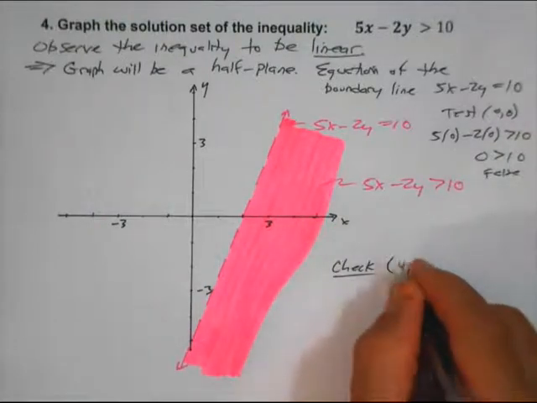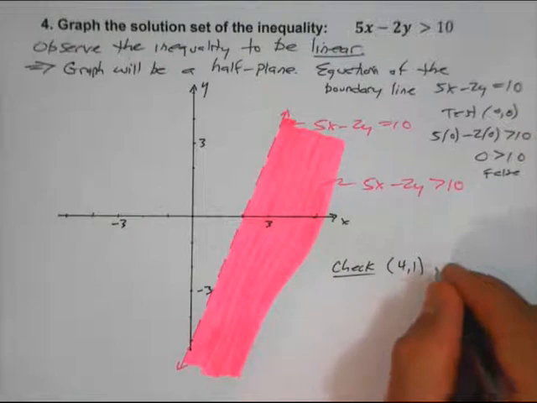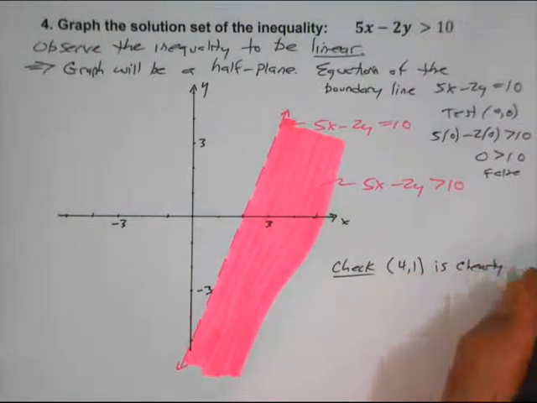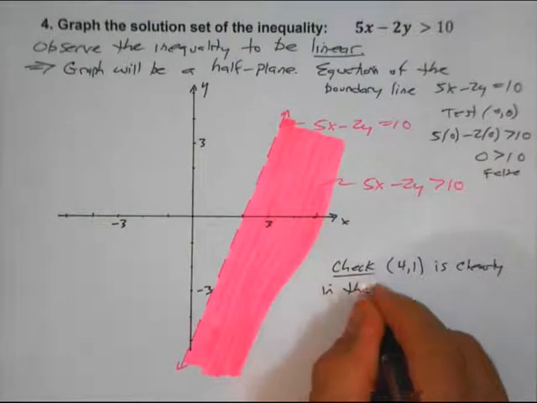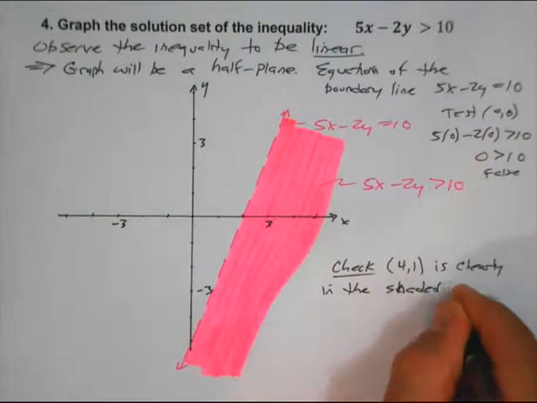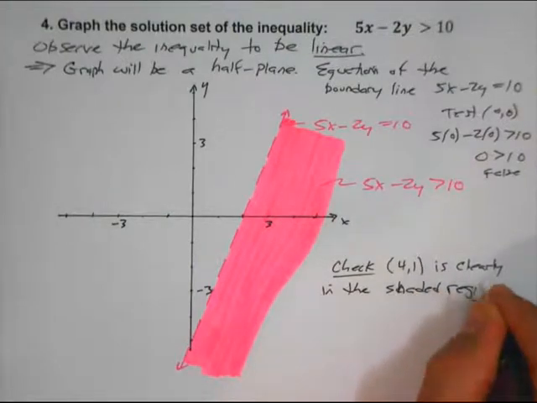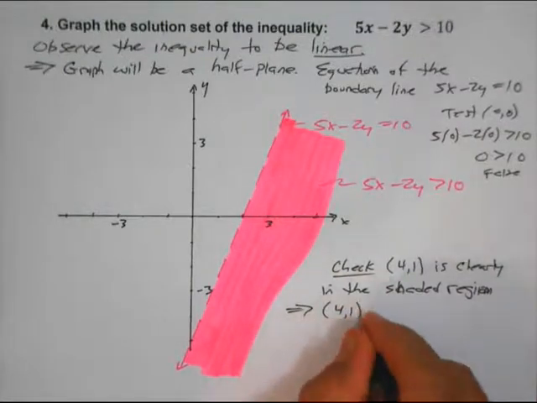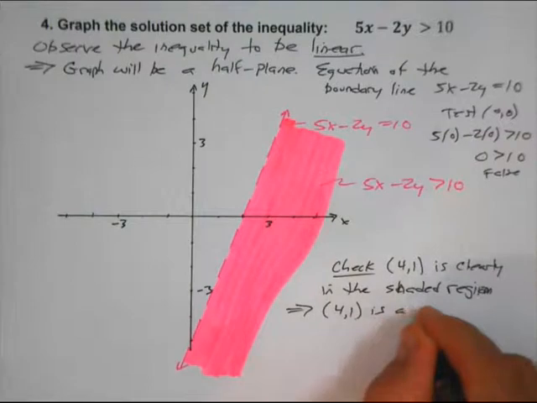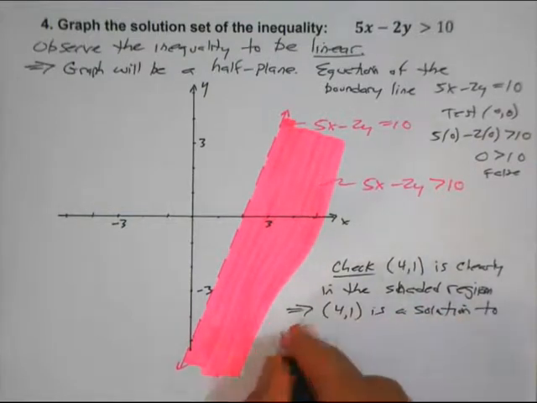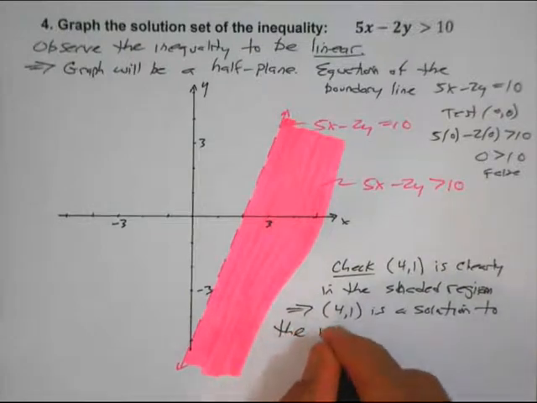So (4, 1) is clearly in the shaded region, and this implies that (4, 1) is a solution to the inequality.